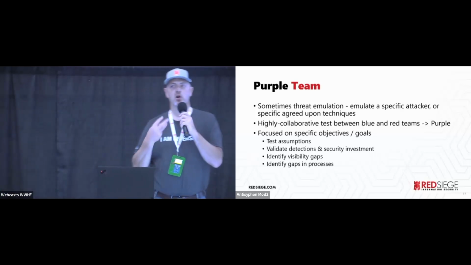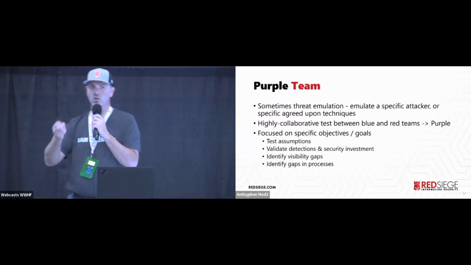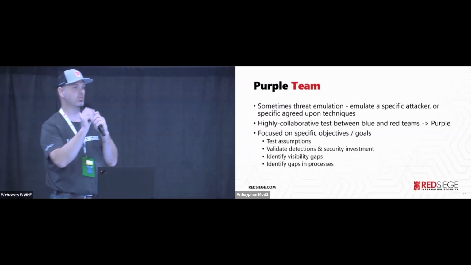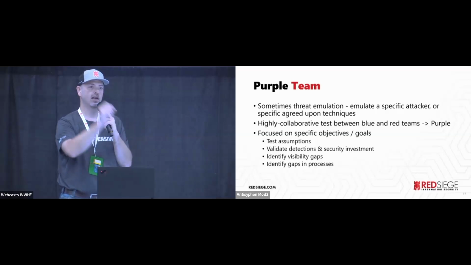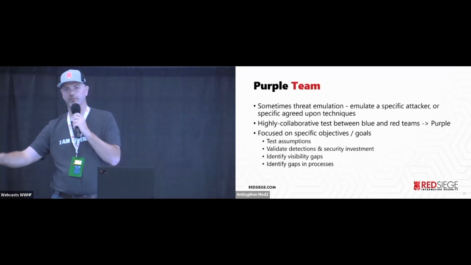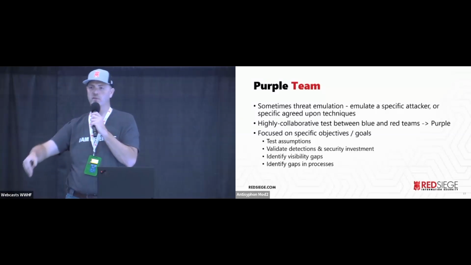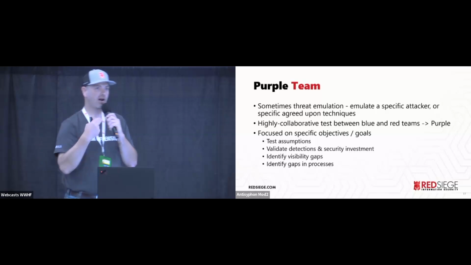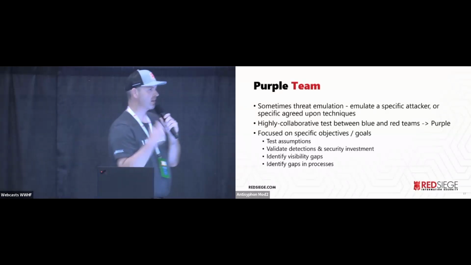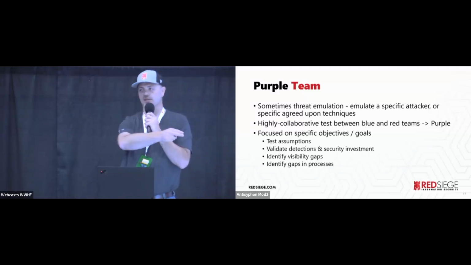I think that purple teams are best when they've got specific goals, maybe to let's see what happens when APT XYZ compromises us. Let's run their playbook and test all the detections and preventions that would be associated with that. And it's very interactive. Sometimes it's very like, we're going to lay out these techniques. This is exactly what we're going to do.